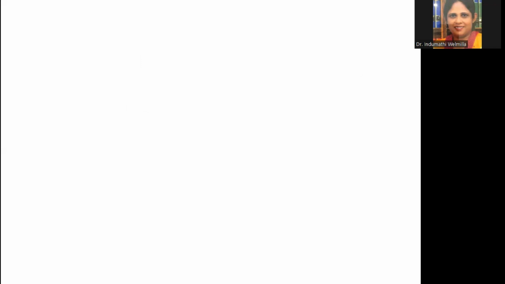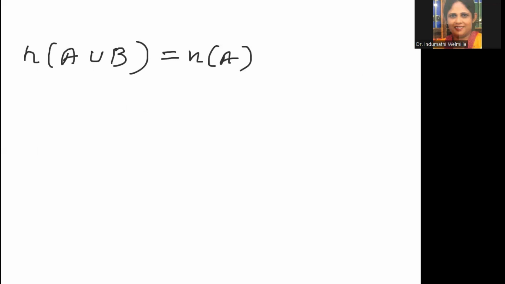First, n(A union B), right? Number of elements in A union B should be equal to n(A), number of elements in set A, plus number of elements in set B, minus number of elements in A intersection B.